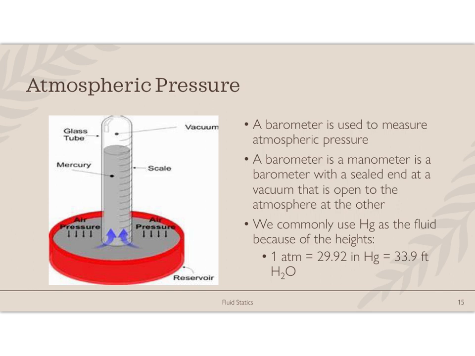Now, because of the heights involved, we usually end up using mercury as the fluid, because if we were to use water, we would require, for just typical atmospheric pressure, a column of water that was 34 feet tall. That's going to be a little awkward to be running up and down to read. And if we switch to mercury, a very heavy fluid, the height is only 30 inches.